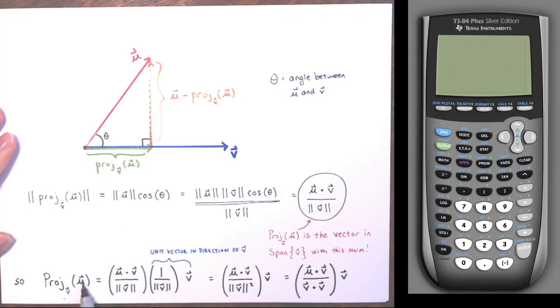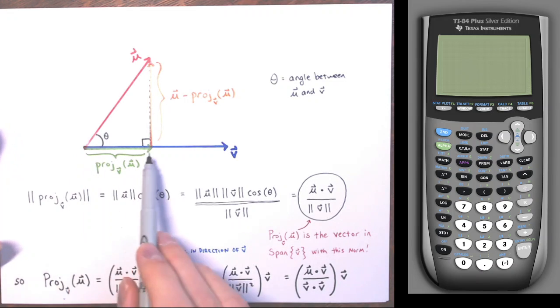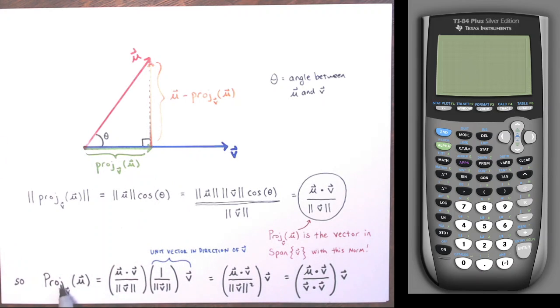So the projection of u onto v, this projection vector, is this scalar: u dot v, times 1, so just u dot v divided by the norm of v times the norm of v, so the norm of v squared. So it's this scalar times v. It's on the same line as v, so the projection vector is just a scalar multiple of v, and that scalar multiple is, one more time, u dot v divided by the norm of v squared.